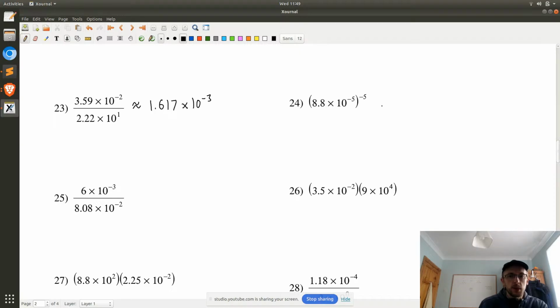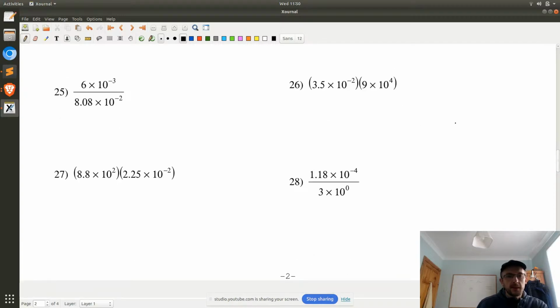Times 10 to the minus 3. 8.8 to the minus 5 about 1.90. Times 10 to the minus 5. And then that is times 10 to the minus 25, actually. Understood.